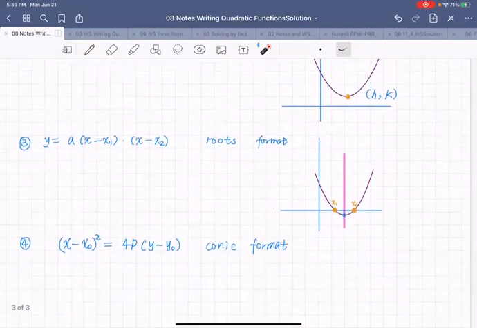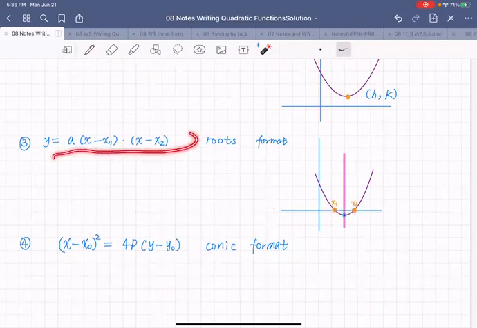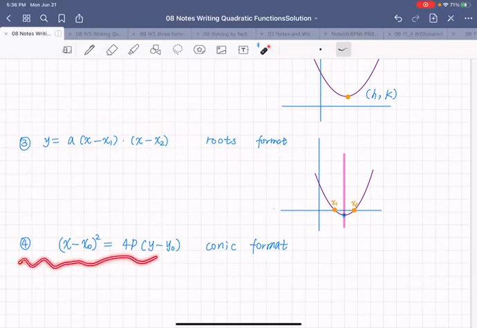The last format is called the roots format. You have (x1, 0), (x2, 0). You have y equals this as a roots format. There is another format, called conic format. We will not do this in the first part of Algebra 2. Conic part is one of the hardest topics for Algebra 2, which is the last chapter, okay? We will talk about this later.